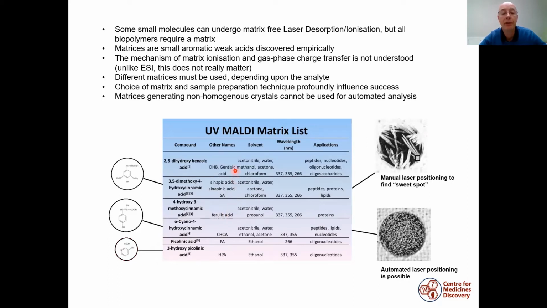They have different solvents. For alpha cyano, the solvent is acetonitrile. For some of these, such as DHB, the solvent can be water. If there is such a thing as a generic matrix, DHB is probably it. It can be used for more things than most matrices, but you must choose your matrix carefully.